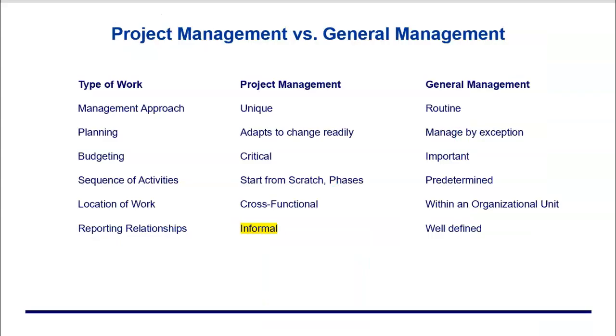So the book really does lay out at the beginning in chapter 1 on page 4 this kind of differentiation between the type of work on the left, how a project manager does it, and general management. You can see down in the center column, project management is unique, because a general manager doesn't have to start from scratch and integrate all those processes we just looked at.